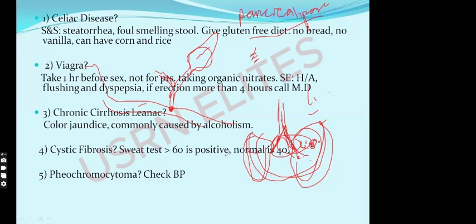I don't know which machine finalizes the sample, but with the sweat collection, they use either filter paper or gauze. If anyone has something to add, the person can add, or we can as well read more about how it is carried out.